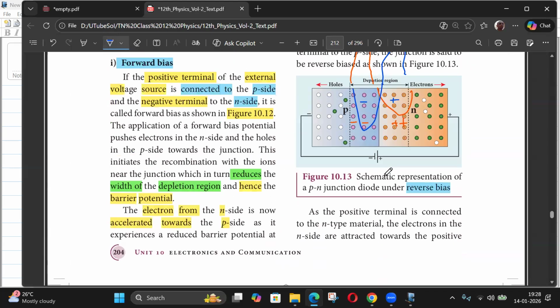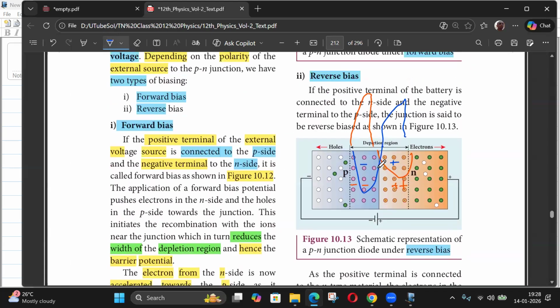But if you apply more and more voltage, the field here becomes stronger and stronger. There is an electric field here. If it becomes very strong, you will start breaking the bonds here.